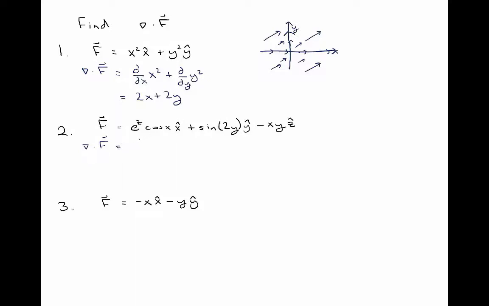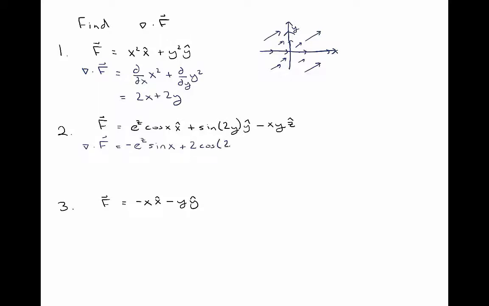Okay, so we're taking the derivative of e to the z cosine x with respect to x. Well, e to the z is just a constant. The derivative of cosine x is minus sine x. We're taking the derivative of sine 2y with respect to y, so this requires using the chain rule. So a 2 comes out.